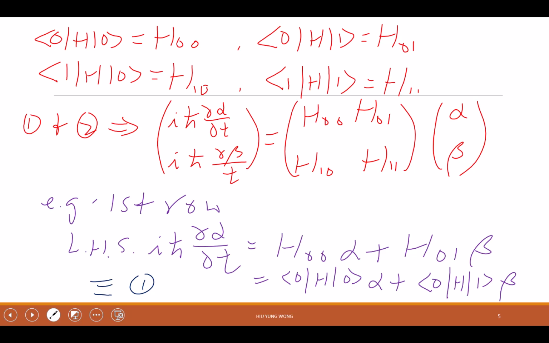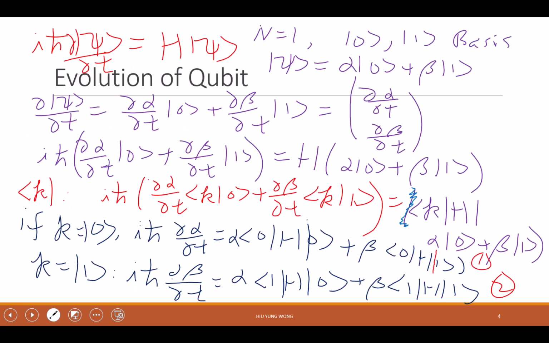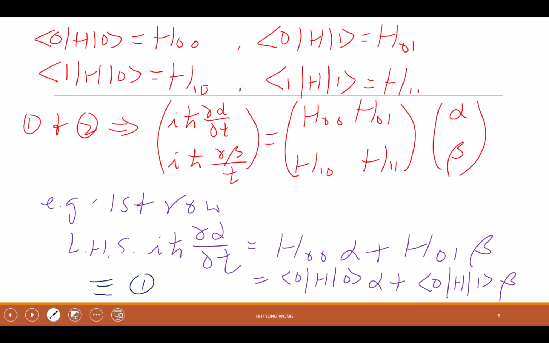We do some mathematical trick and come up with two equations, equation 1 and 2, by using the inner product. This equation is equivalent to this matrix multiplication. When you equate the first element, i h bar partial alpha partial t, you get what we got in the first equation. And if you try the second one, you will get the same thing for the second equation.